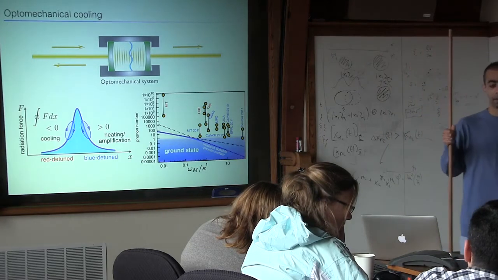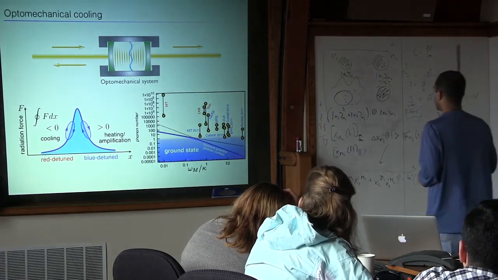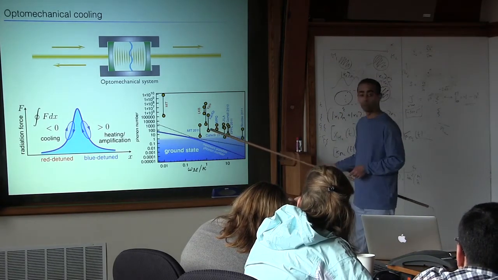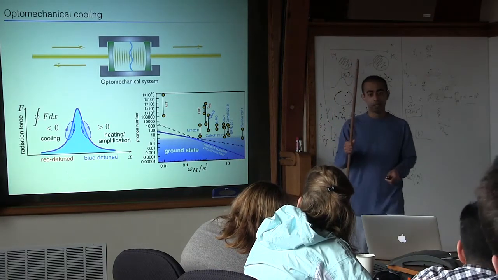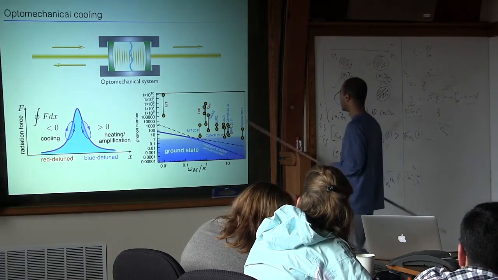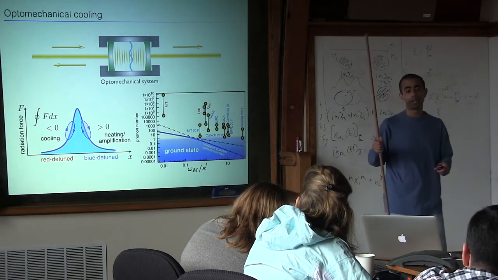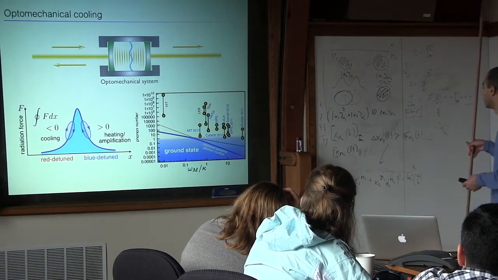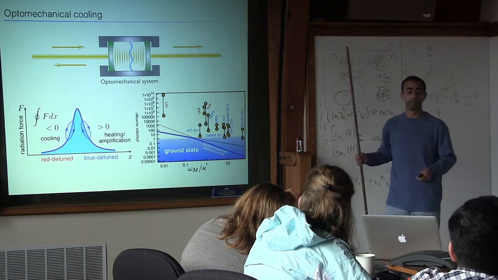What are the dotted and the filled lines? So there are two limits to cavity optomechanical cooling, whether or not you're in the resolved sideband regime. In this regime right here, the minimum occupancy goes as the square of kappa over omega m.